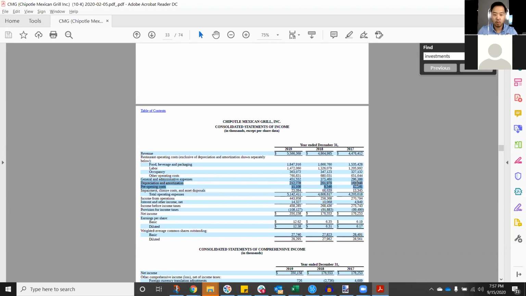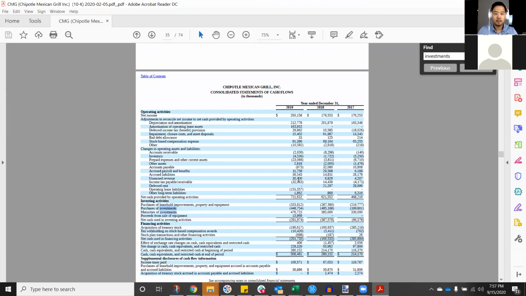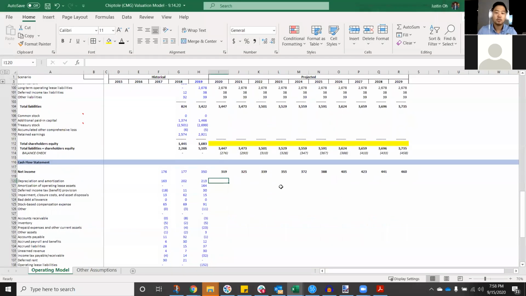A lot of times there's more. So the way to check is to compare the D&A on the income statement, 212778, with the one on the cash flow statement, which reconciles it to cash. In this case, the D&A in the cash flow statement and the D&A in the income statement are the same. So we can use that.